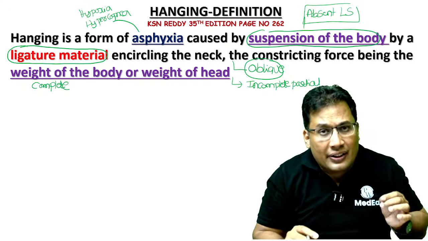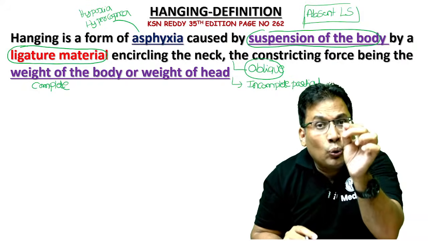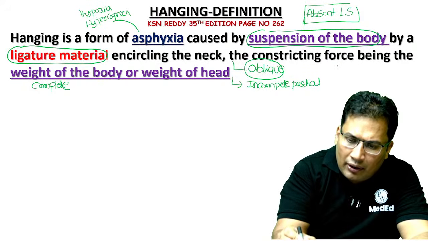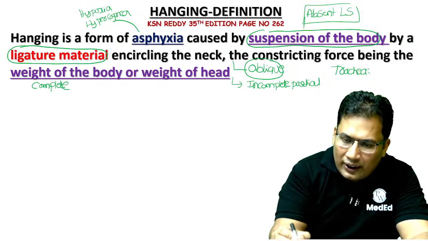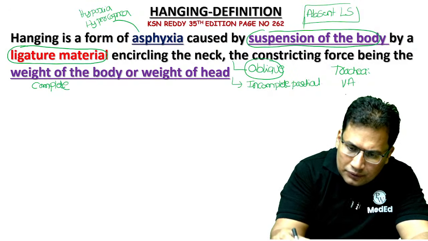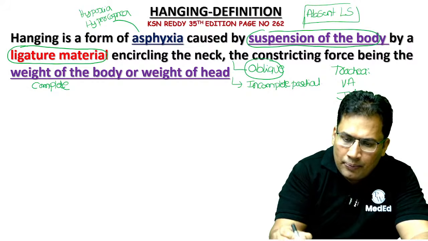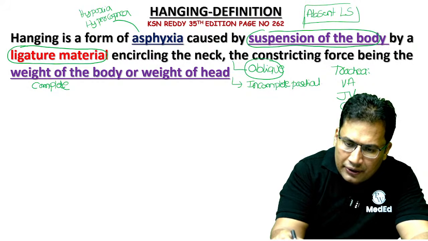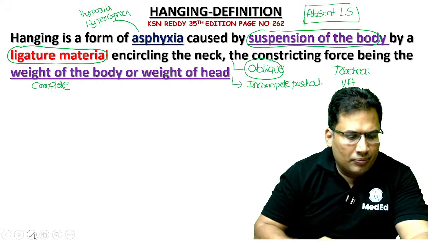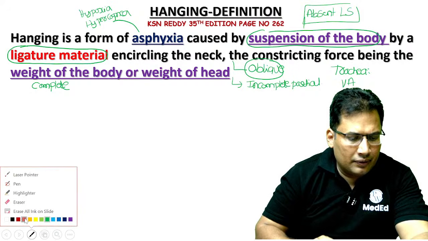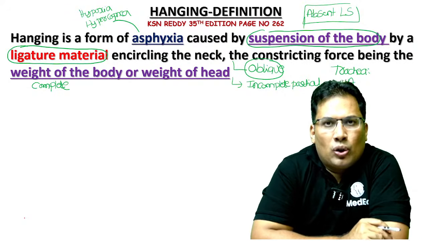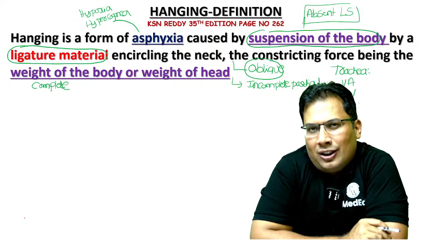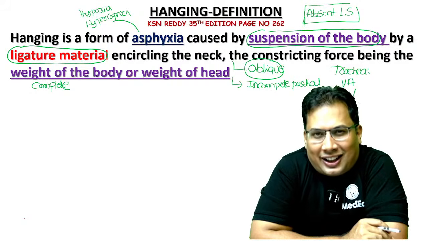Again, the question can be asked, what is the weight required to occlude the trachea? Can anyone try? What is the weight required to occlude the trachea, vertebral artery, jugular veins, carotid arteries? Try anyone. Let's make it interactive. I said in the beginning, it will be a more interactive session than a monotonous one-way teaching.